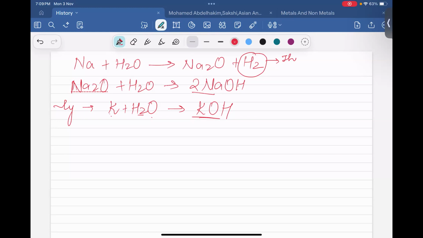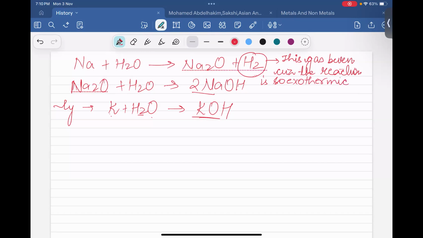Yes. So right, this hydrogen gas burned. Just because of this gas, sodium catches fire. This gas burned because the reaction is so exothermic.